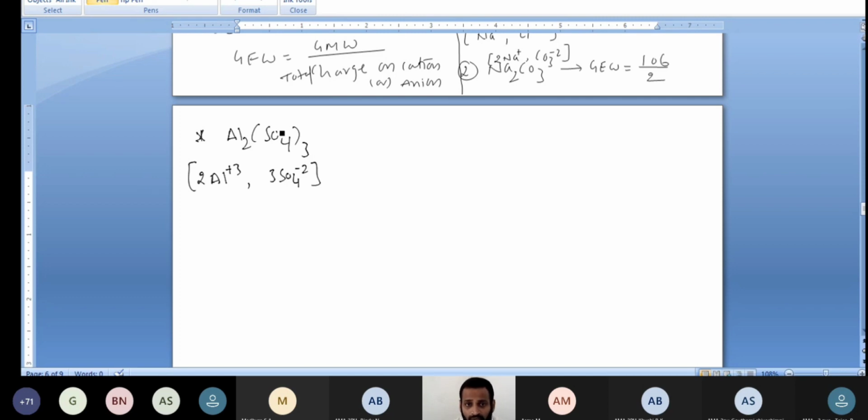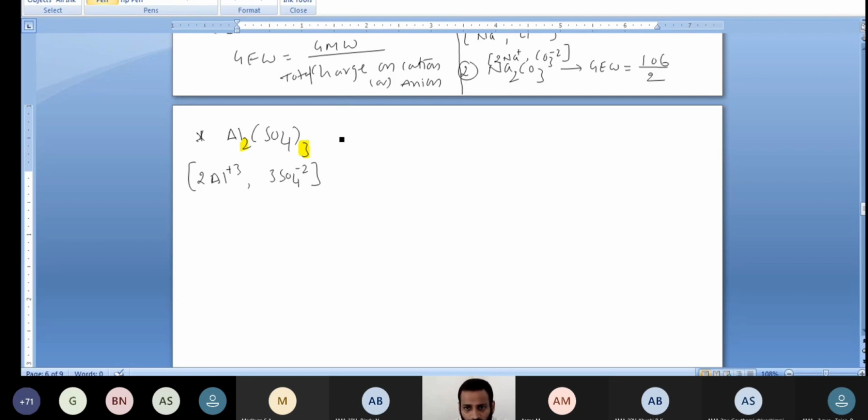The 2 is the charge of sulfate and this 3 is the charge of aluminum. Otherwise I will keep some ions, don't worry. So +3 is the charge of aluminum and 2 is the charge of sulfate.